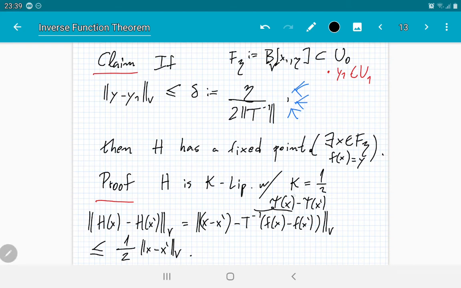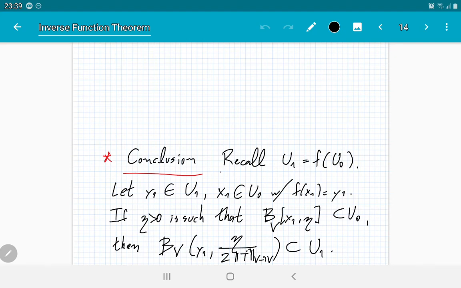So I already know that it's Lipschitz, but that's not the only condition we're going to need. If I take x belonging to f of eta, I want to argue that when I iterate my map, it preserves f of eta. Remember that in order to apply the fixed point theorem, I need a function from a complete metric space to itself.